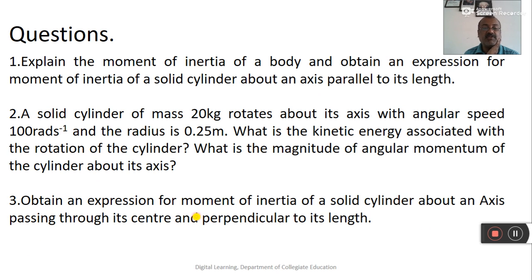Obtain an expression for moment of inertia of a solid cylinder about an axis passing through its center and perpendicular to its length. We have to derive the expression for moment of inertia of a solid cylinder about an axis passing through its center and perpendicular to its length, that we have shown in the last slides.